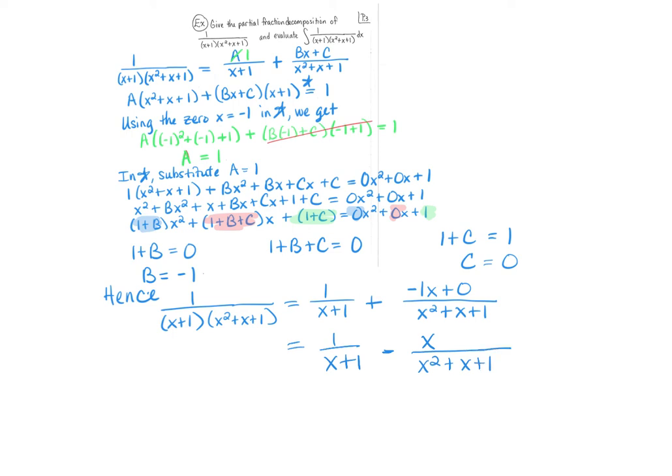Now we have to integrate this. That's the second part. We want to evaluate this integral.